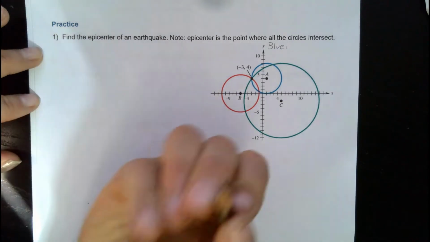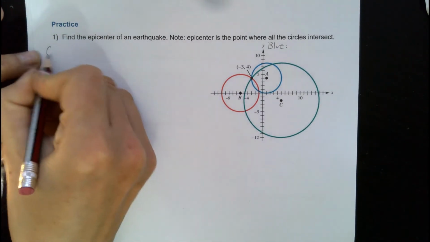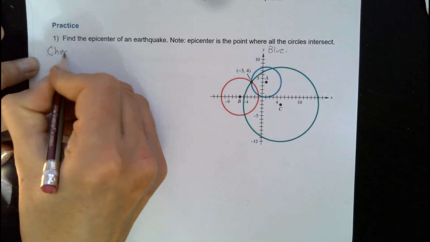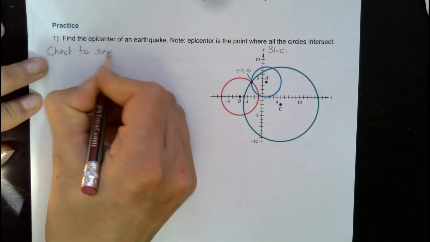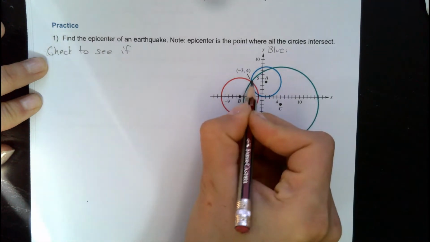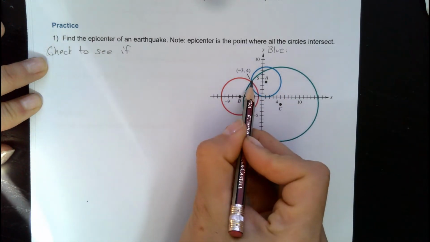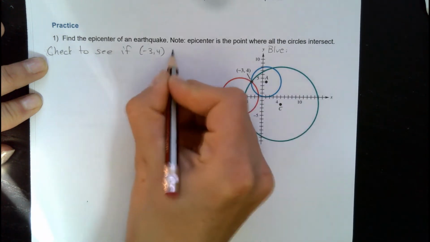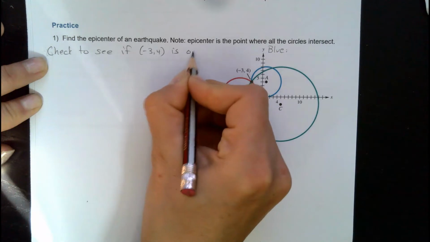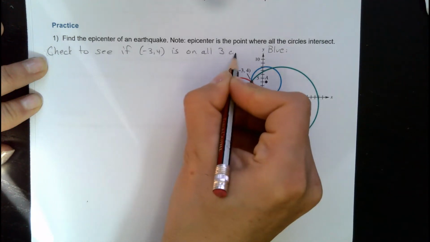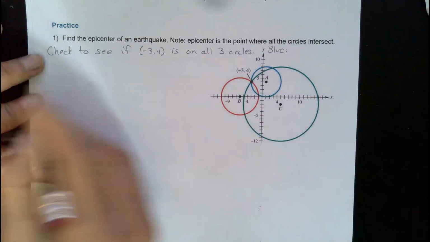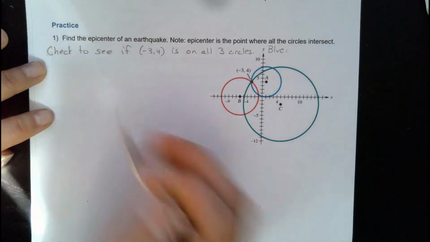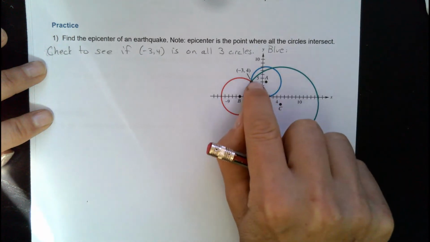So really what we're asking is, let's check to see if here's the point that they all intersect at. Check to see if point -3, 4 is on all 3 circles. So that's really what they're asking us to do. They're saying find the epicenter, but really they're saying, is that point on all 3 circles?